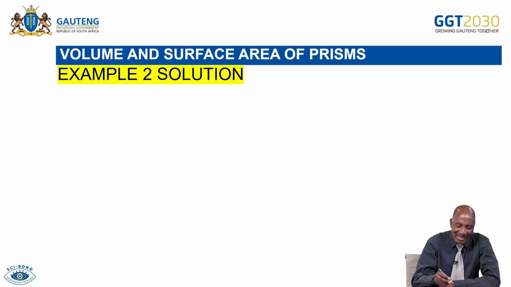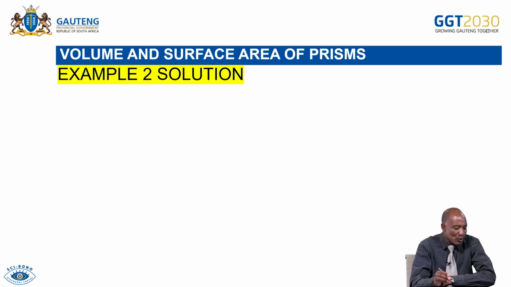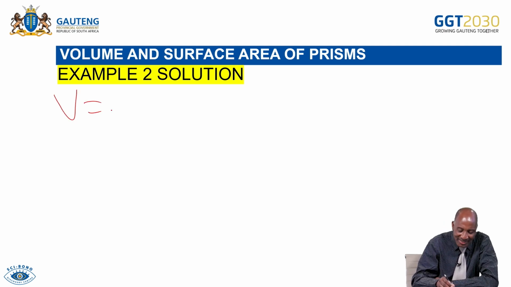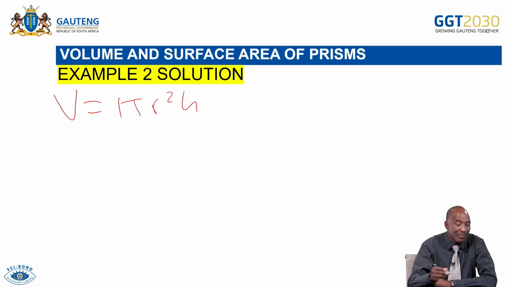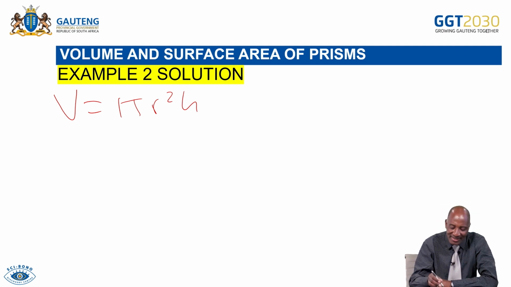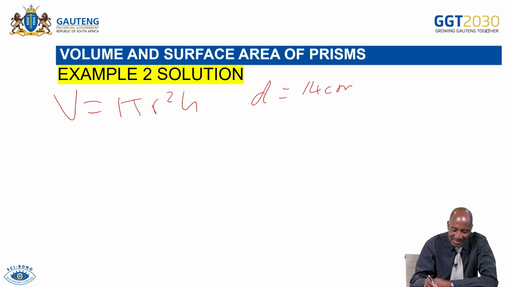The first part of the question said, determine the volume of your prism. So for volume, we said these are circles, so pi r squared h. Then we replace our r and h. We were told the diameter is equal to 14 centimeters.